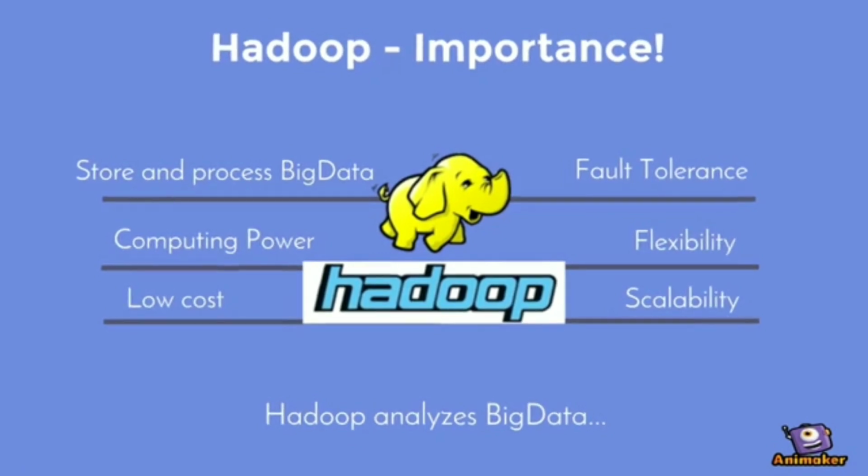The open source framework is free and uses commodity hardware to store large quantities of data. Scalability. We can easily grow our system to handle more data simply by adding the nodes. Hadoop is at its best when it comes to analyzing big data. This is why companies use Hadoop.